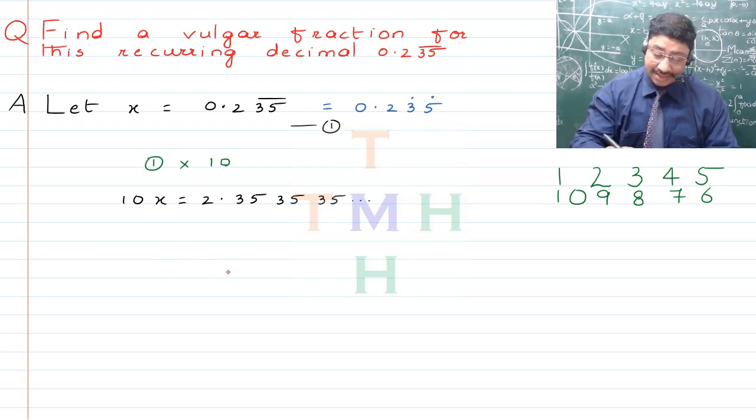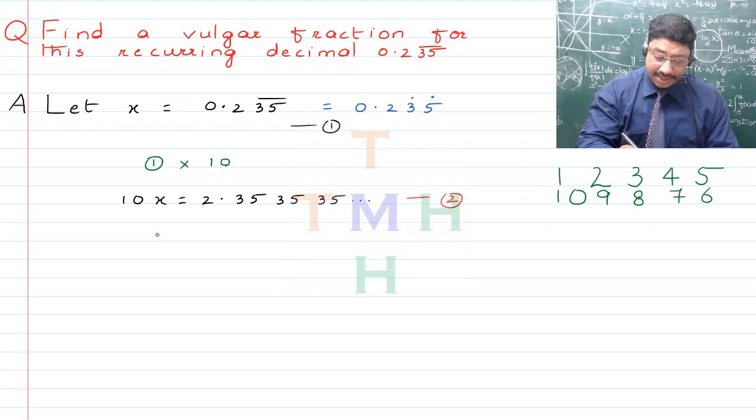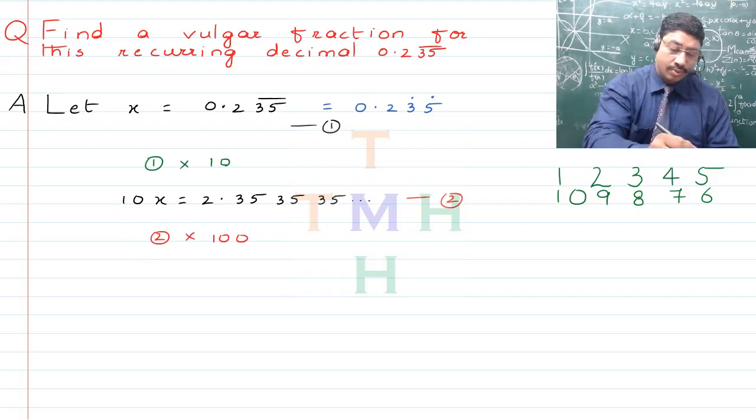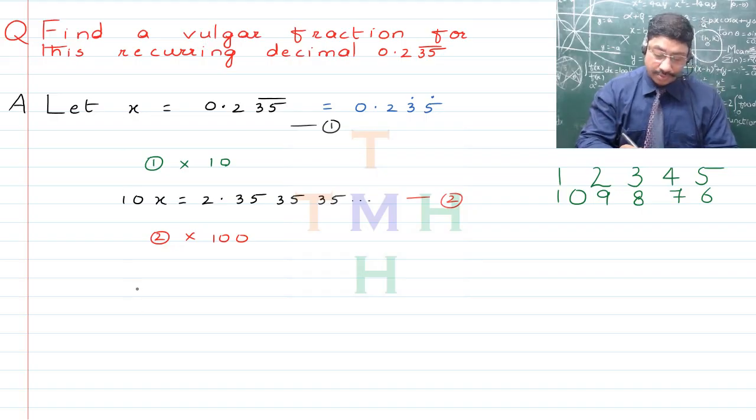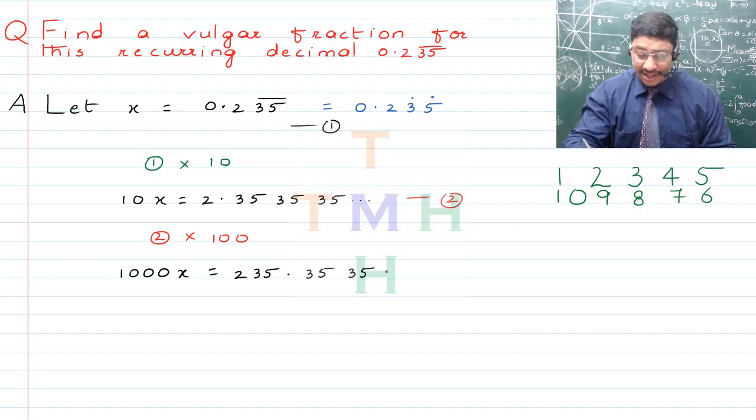That is, this above equation, which you can mark as equation number 2, is multiplied by 100, right? And when you do so, you will get 1000x, as it was already 10 multiplied by 100, which will become equal to 235.3535, dot dot dot.